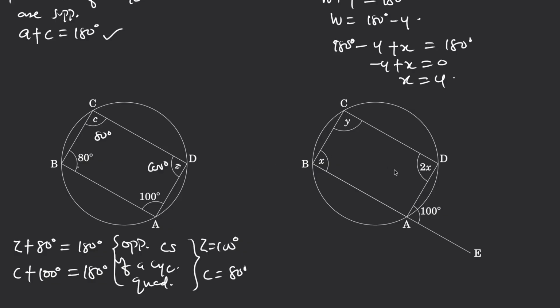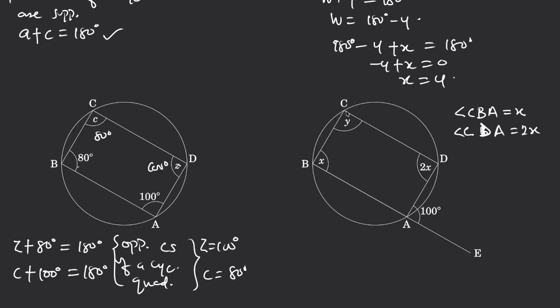In the second example, we have x and then we have y, but we have to find the marked angles, right? So to find the marked angle, you can start any way, depending on your perception. I can start by saying that angle CBA, which is x, is equal to x, and then angle CDA is equal to 2x.